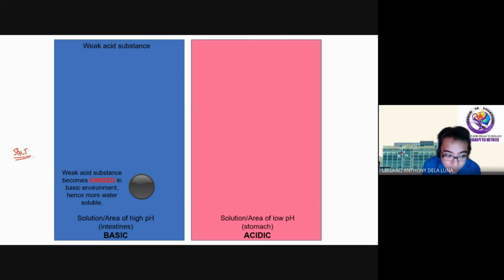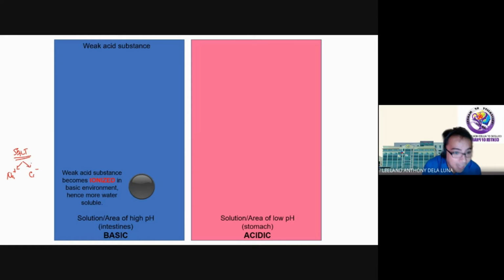But if it's dissolved in water, it can easily separate into its positive and negative charges, right? A salt, sodium chloride, if exposed in water, will separate into its positive, which is sodium, and negative, chlorine. Kunwari lang muna. So these are ions, correct?